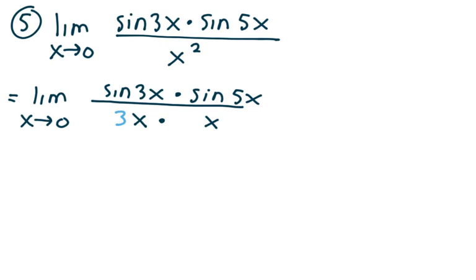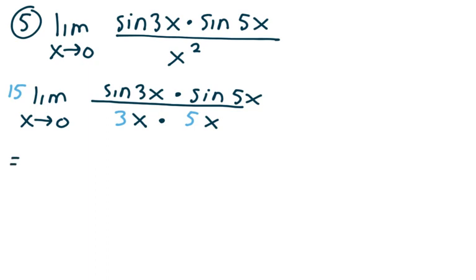So I'm going to put a 5 over there. But notice how 3 times 5 is 15, and so I got to multiply the outer limit by 15. So I'm going to put a 15 on the outside. And that counterbalances what I multiplied in the denominator.